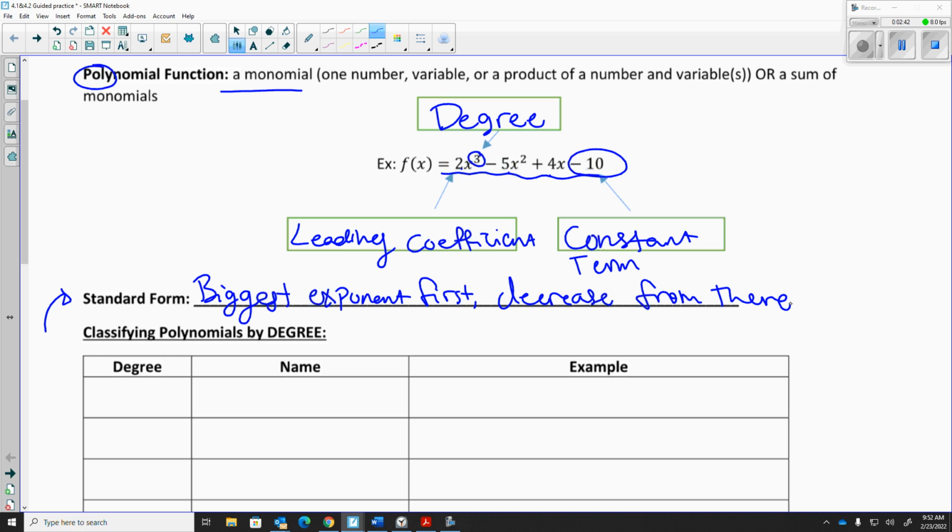So if you got exponents, you put the biggest one out in front, and then you go down from there. Like this example, this is in standard form because it's 3, 2, 1, no more variables.